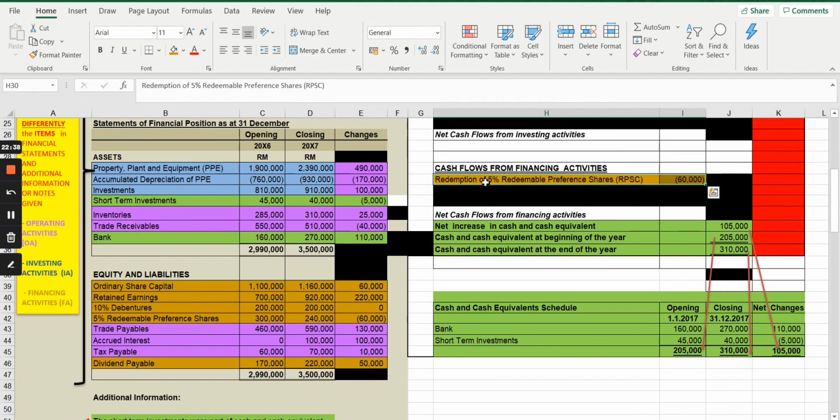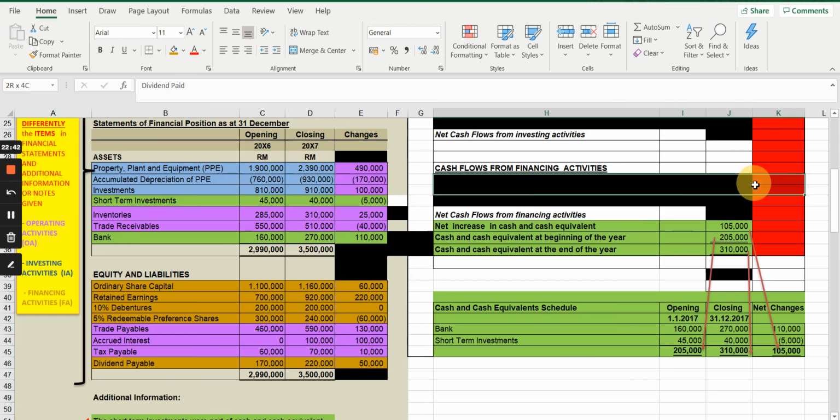So we put it here. You have dividend paid 890,000. In certain questions, you may have to work it out, but in this question you are given directly. So that was the first item.